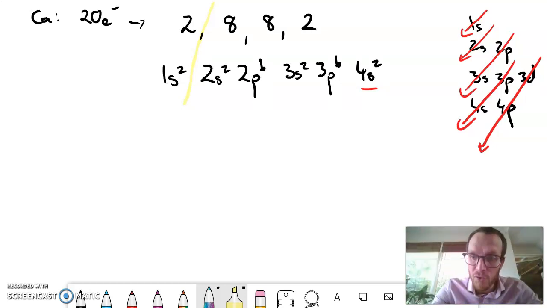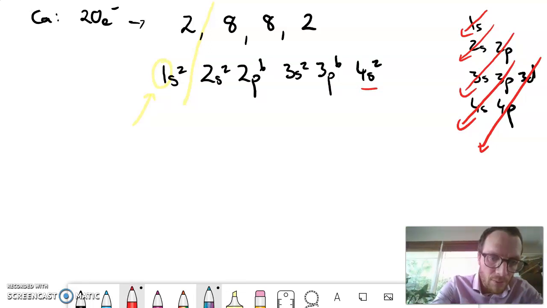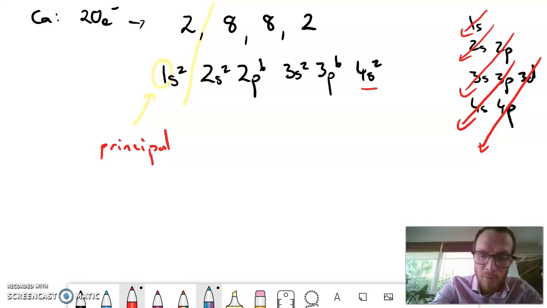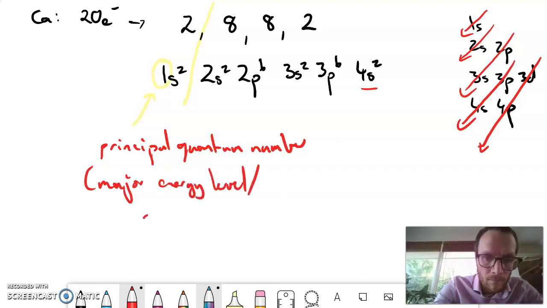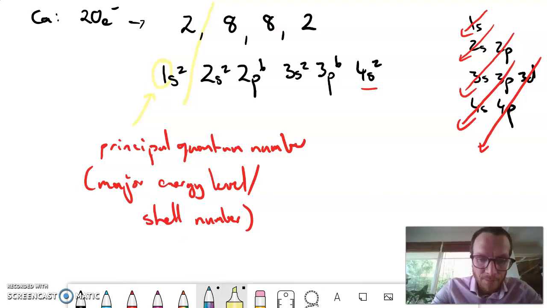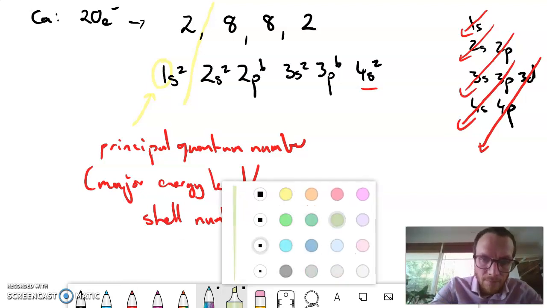So 1s2, first shell, so this first number is called the principal quantum number. Fancy way of saying the major energy level or the shell number. The letter signifies the subshell.